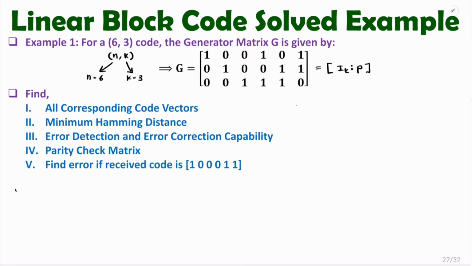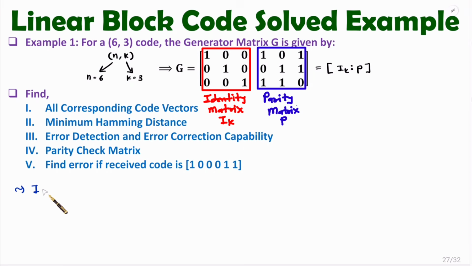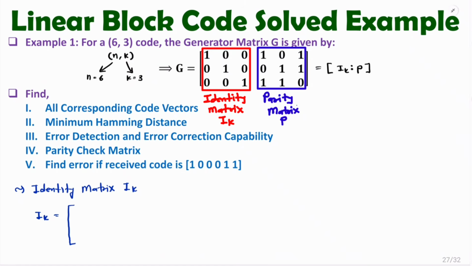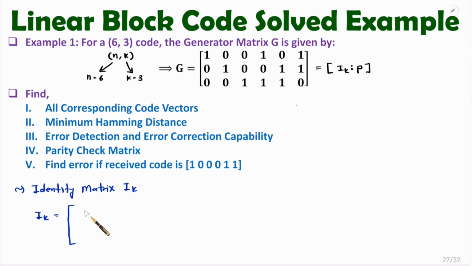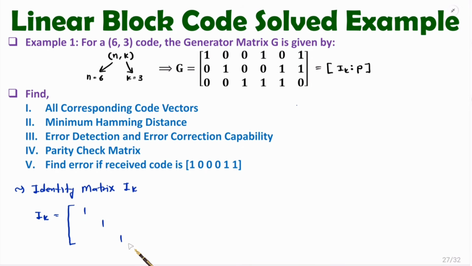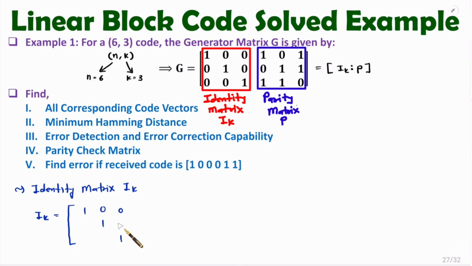So let me note down over here. See, we have identity matrix I of k, and here in the identity matrix we have ones on the diagonal. So you can observe here we have 3 rows. So diagonally we have 3 ones and other bits are zeros, right?